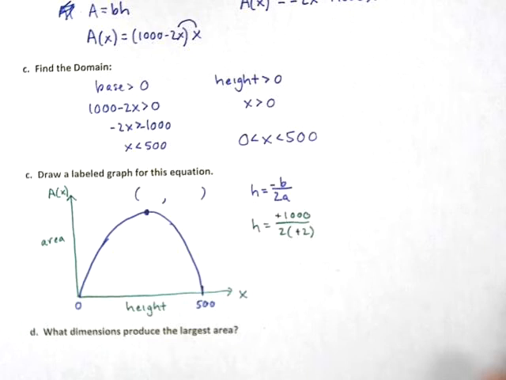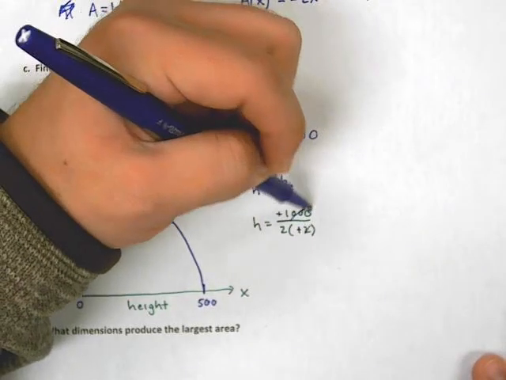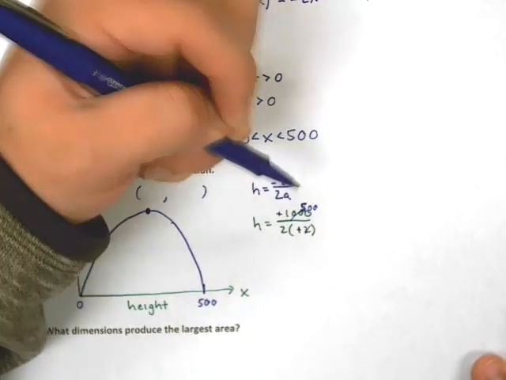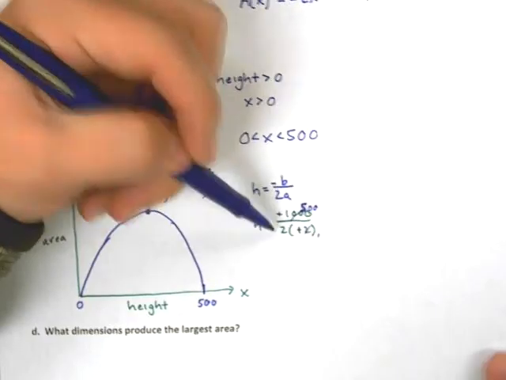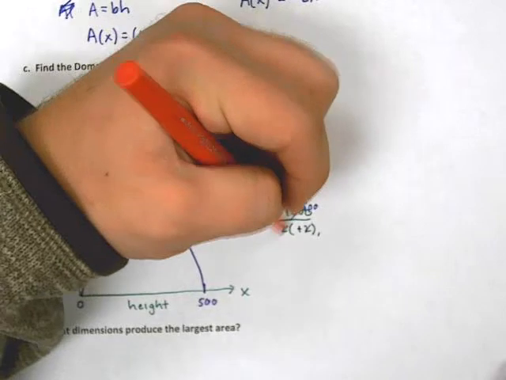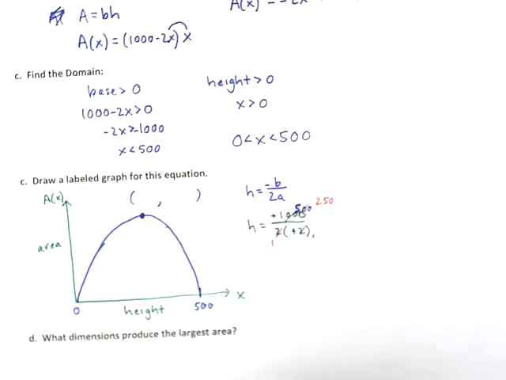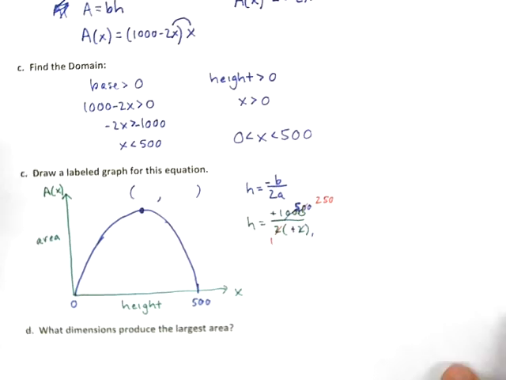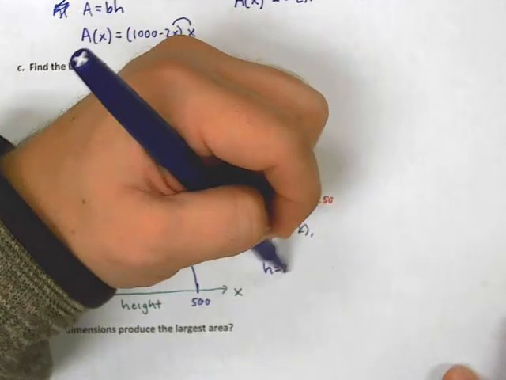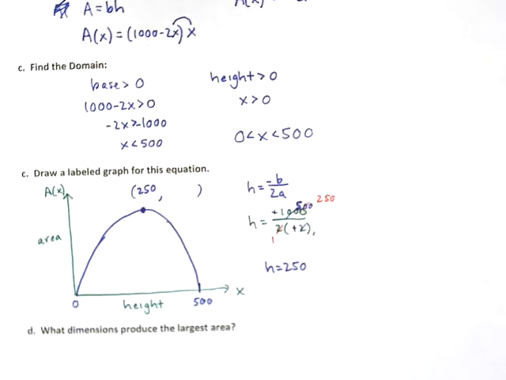Definitely pluses. The negatives cancel, which is nice. We can cancel a 2 and a 1,000 to make 500 over 1. We also have this other 2, so can we keep going? So this is 250 and 1. So this is good. We're done. h is 250.